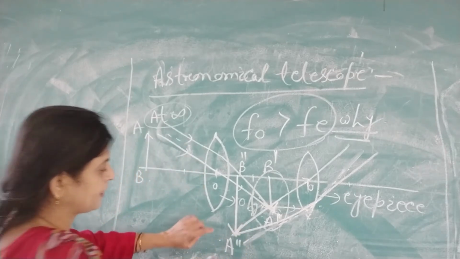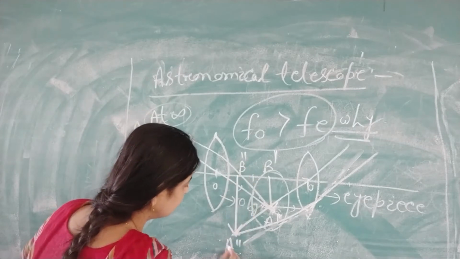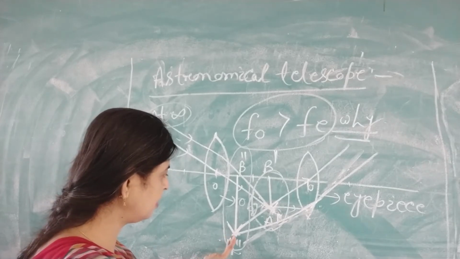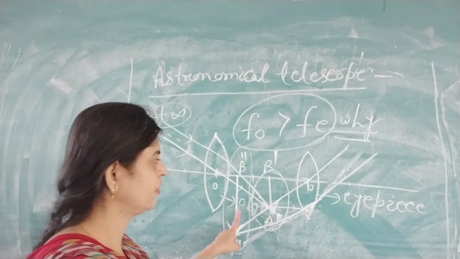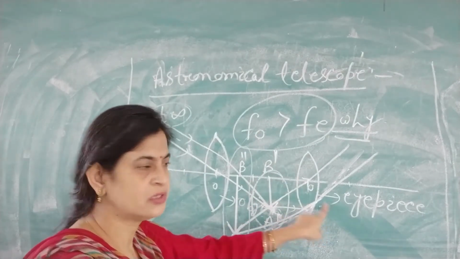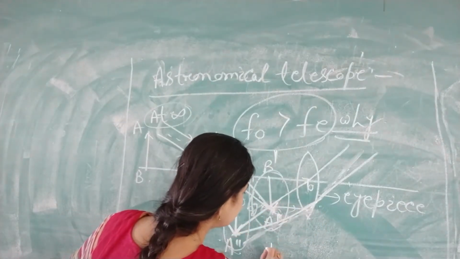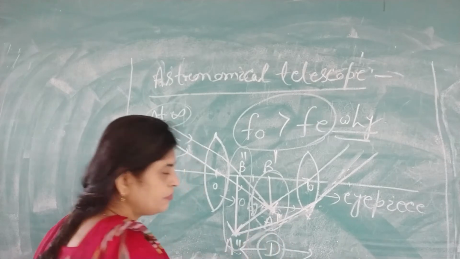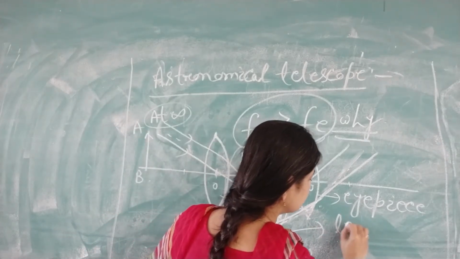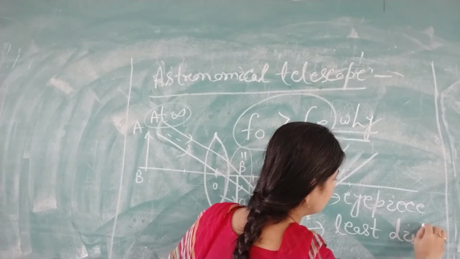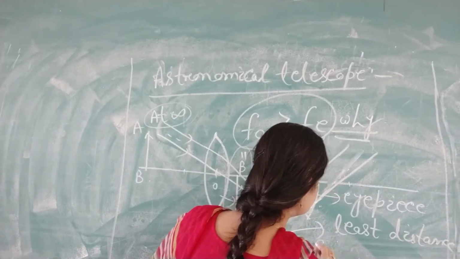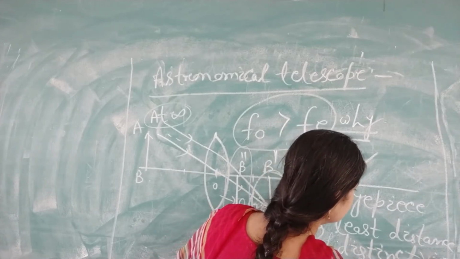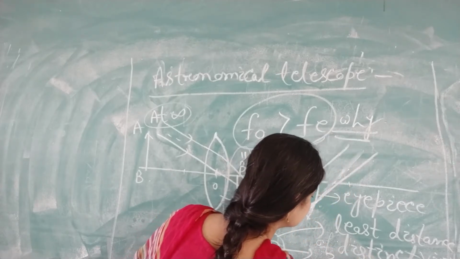That means A double dash B double dash is the final image formed by the eyepiece, which is here a real and inverted image. And this image is formed at a distance of D. D means here the least distance of distinct vision, which is equal to 25 centimeters.